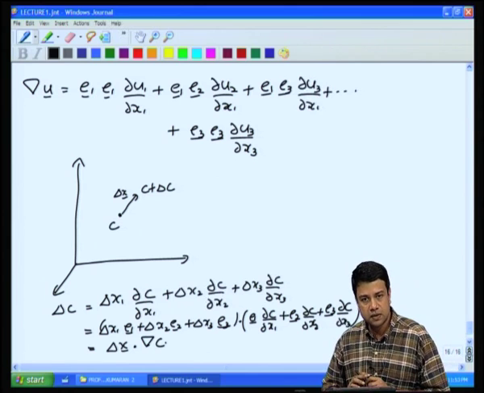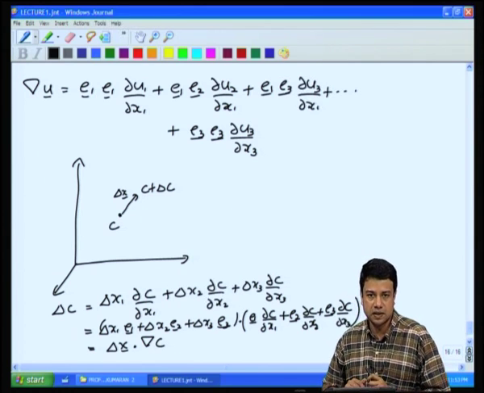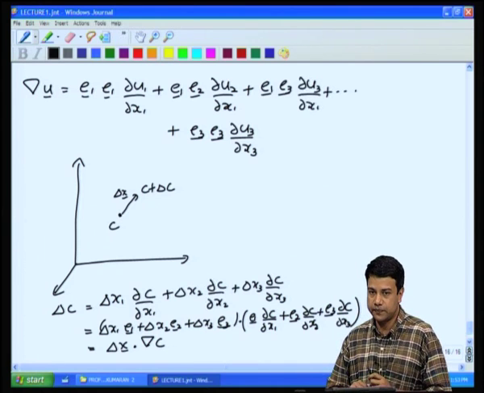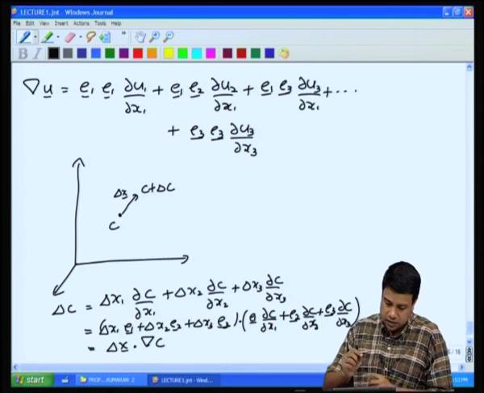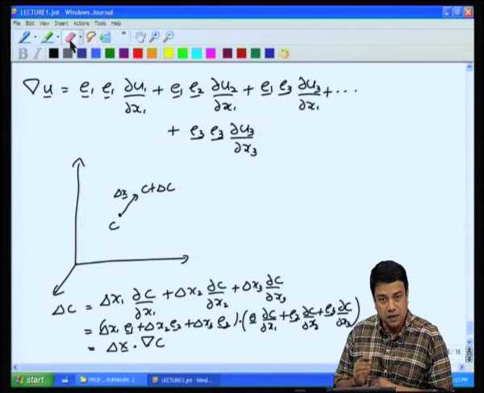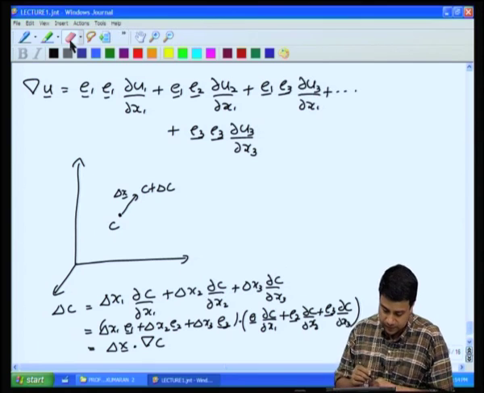Okay. So, the variation in concentration when you move a small distance from x to x plus delta x in some particular direction is the dot product of the distance traveled and the gradient of the concentration field. Okay. The same thing for the velocity field. Rather than dealing with a scalar, I am dealing now with a vector, but the principle is exactly the same. Okay.